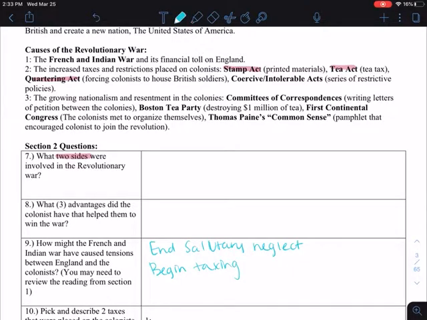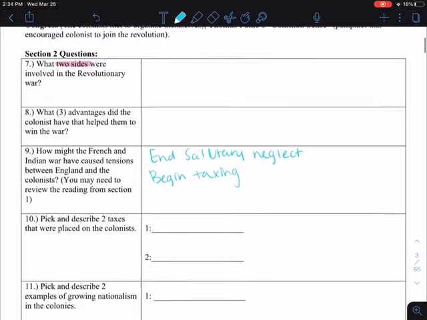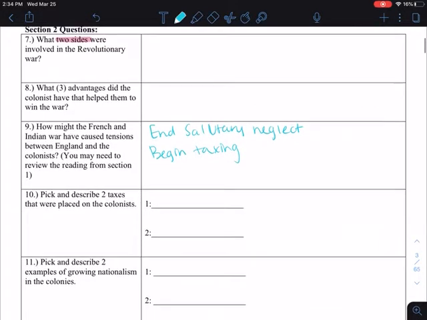You could remember the Townshend Act, and remember that was lead, paint, paper, glass, and tea. That was another tax that we went over. If you wanted to go back in your notes from that section, you can look up a few more. They give you some there.